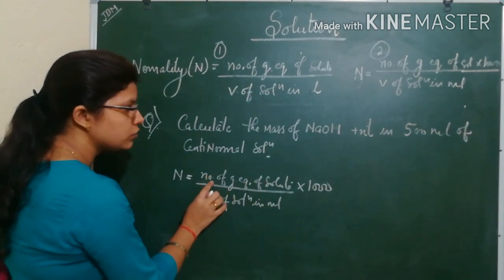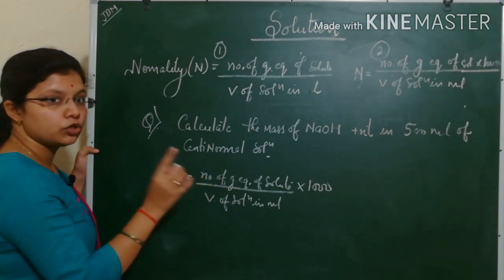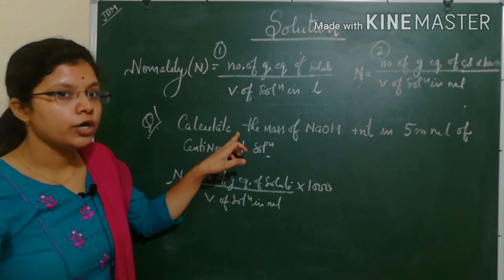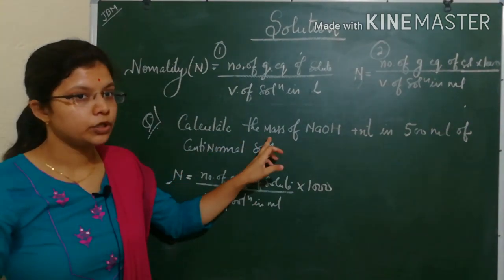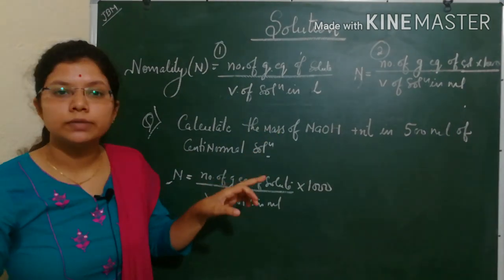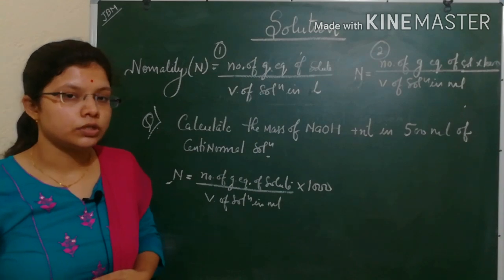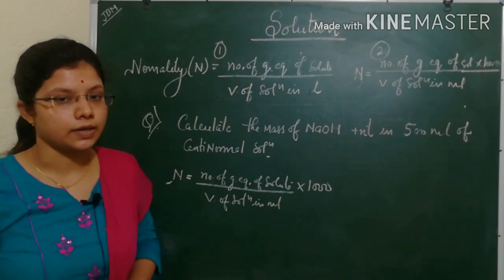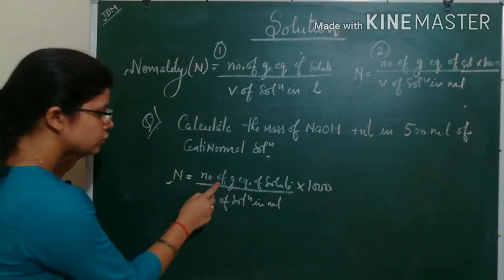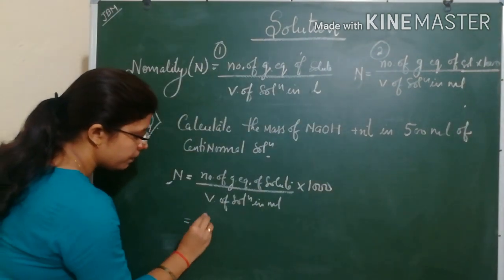Number of gram equivalent of a solute: listen carefully. In this question, they are not asking about the number of gram equivalent of a solute. They are asking something else. What is the mass of sodium hydroxide? Mass means weight of a solute. So in place of the number of gram equivalent of a solute, we can write mass.